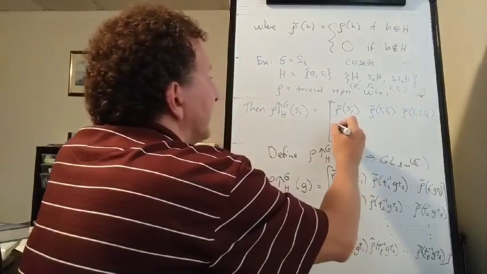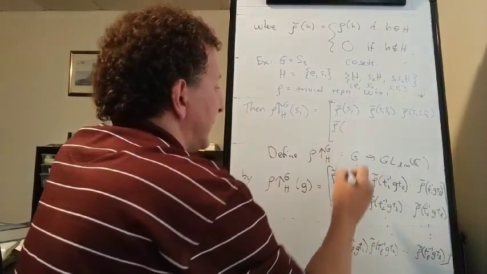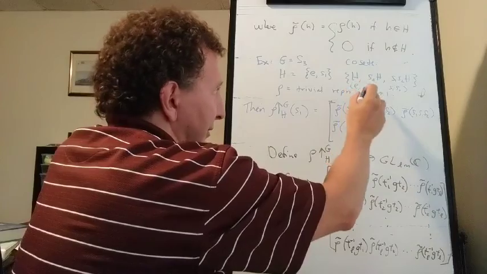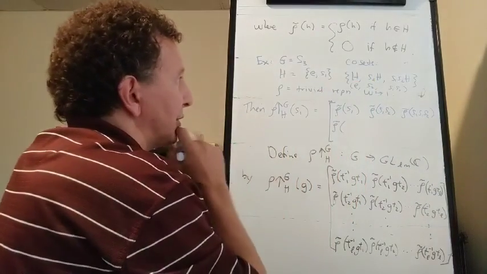Then in the second row we have rho tilde of s2 on the left. Now s2 inverse is just s2, just like e inverse was e.